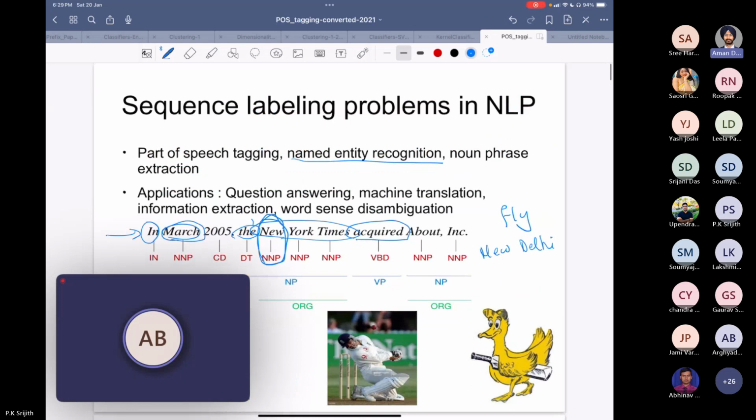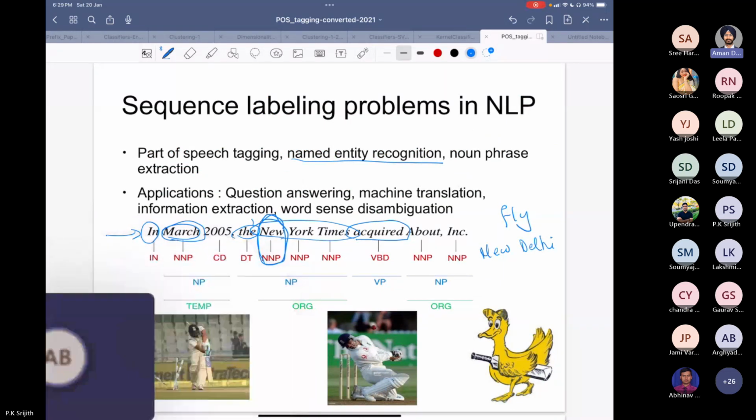Sir, can you remove that Teams window? It is again blocking the left bottom part of the screen. Have you heard of hidden Markov model?